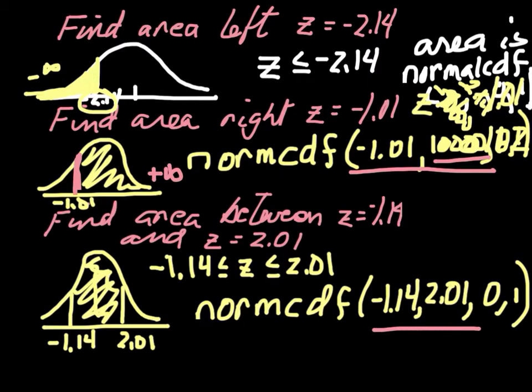The mean is 0 and the standard deviation is 1, and then it's going to calculate my area. On the next one, the area between, the smallest number is negative 1.14 and the largest is 2.01. Those are my left bound and my right bound. Again, the mean and standard deviation are 0 and 1, and that will give me the correct solution.